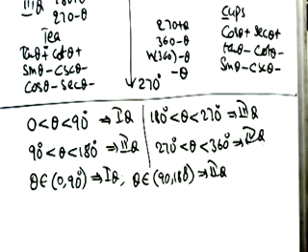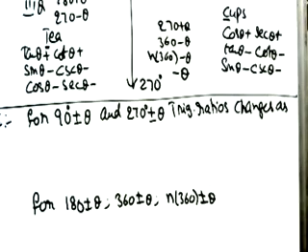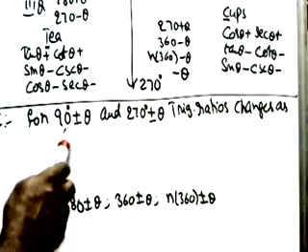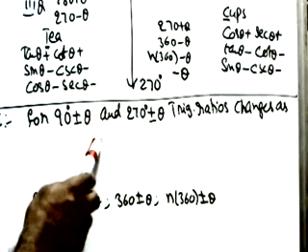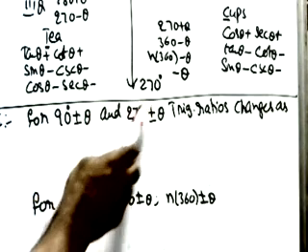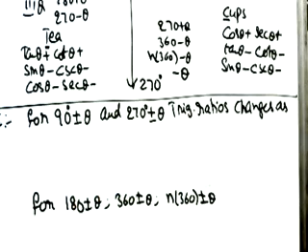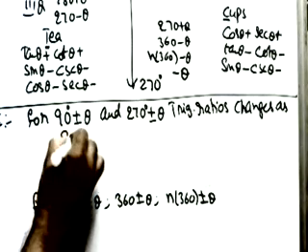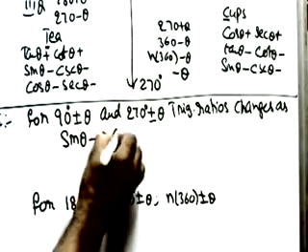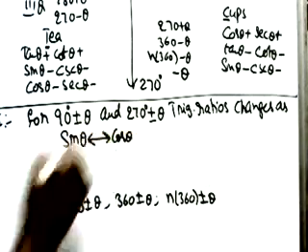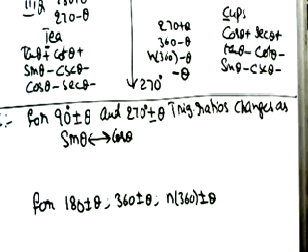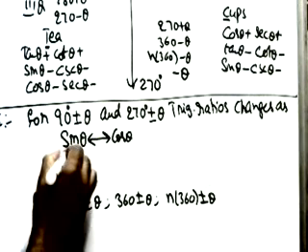And the next concept. Now the second concept here is, watch carefully, we must learn this by heart. For 90 degrees plus or minus theta, or 270 degrees plus or minus theta, trigonometric ratios change. How do they change? Watch carefully. Sine theta changes to cos theta and cos theta changes to sine theta.